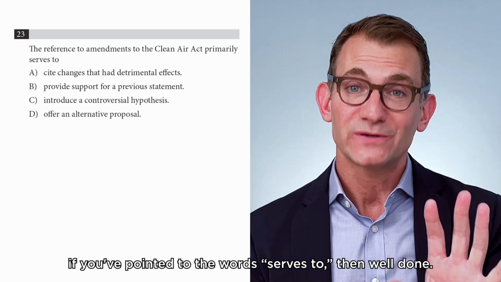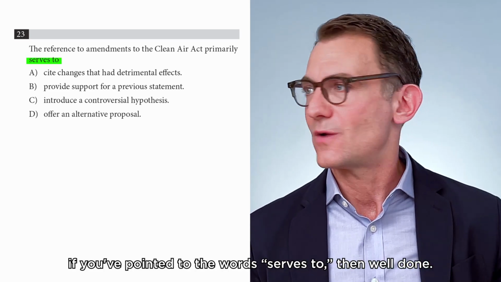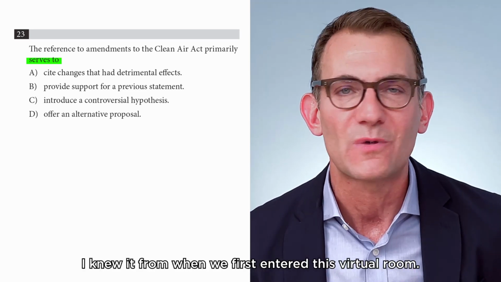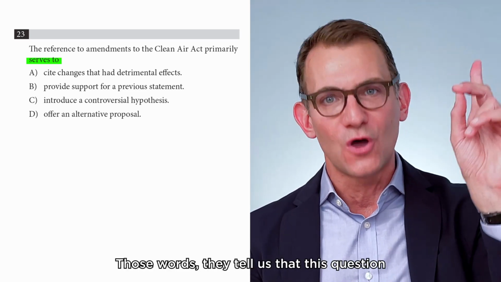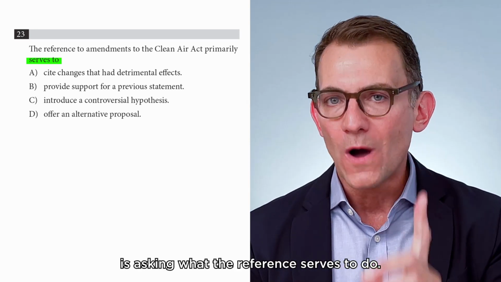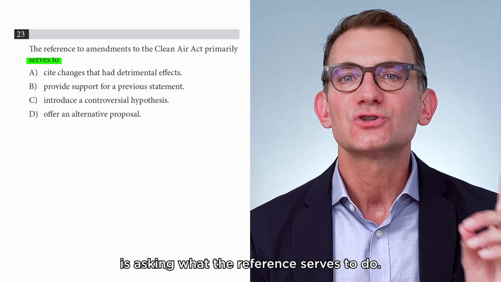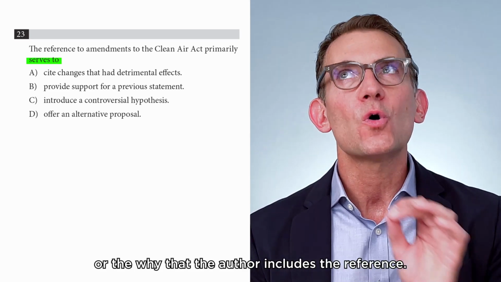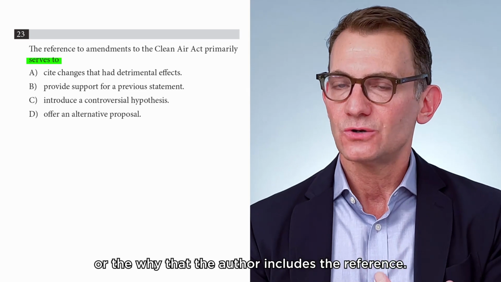Friends, if you've pointed to the words "serves to," then well done, you were exactly right. This is a gifted group. I knew it from when we first entered this virtual room. Those words tell us that this question is asking what the reference serves to do. In other words, it asks about the purpose or the why that the author includes the reference.